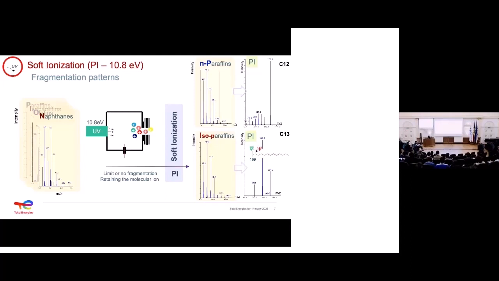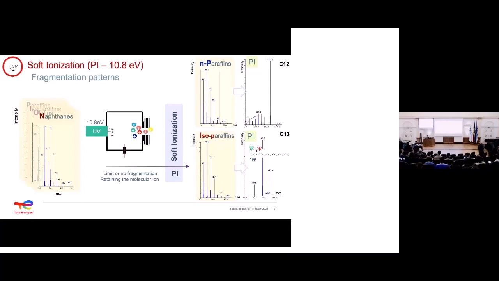As you can see in the first spectrum, we have the PI for n-paraffins with the molecular ion, and in the bottom we have the PI for isoparaffins. We also have the molecular ion, and here I just want to highlight that PI can give us some fragmentation patterns that can help to understand the structure of the compounds that we are talking about.